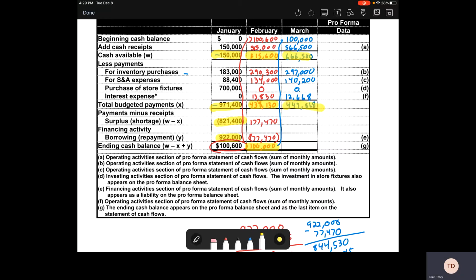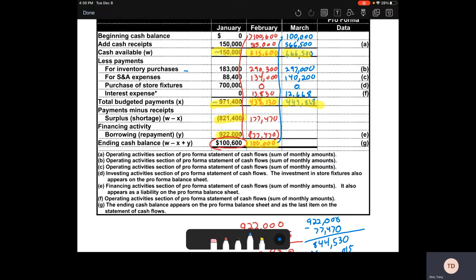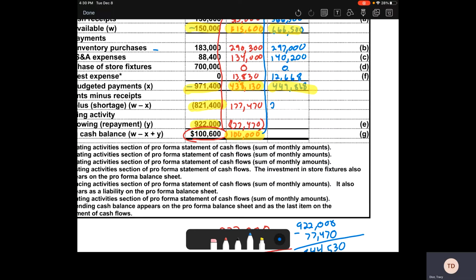So we take 666,500 minus the 449,868 and find that we have a surplus of $216,632.